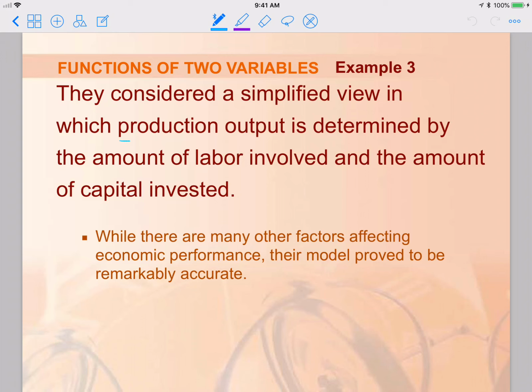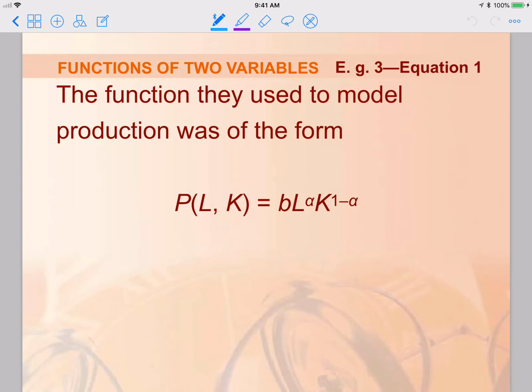The production output, so this is their function, is based on the amount of labor involved and the amount of capital invested. Okay, so even though there's more to production output than labor and capital investment, this model just takes into account those two.